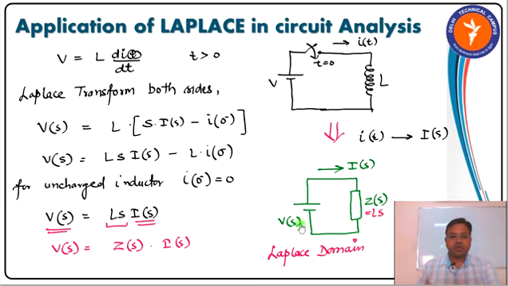Now this was the case when we considered the inductor to be uncharged. Now if the inductor was initially charged, then this I of 0 negative would not be 0. If it is not 0, then this equation should be used to draw the equivalent circuit.